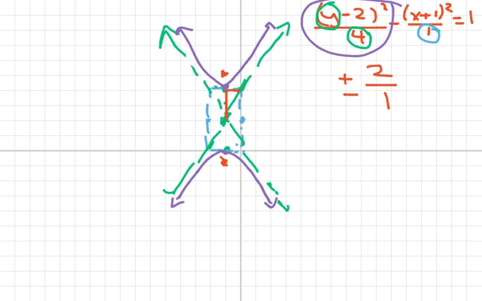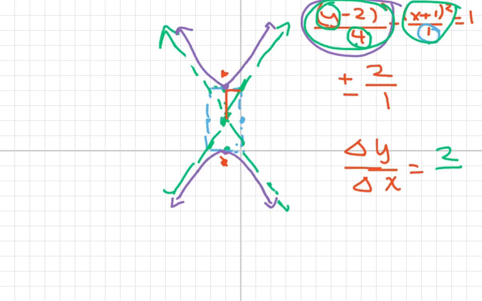Just remember, they have a formula for it, but all you need to remember is its slope is y over x, or the change in y over the change in x. So just look at your y part, take the square root of the denominator, and you get 2. Then look at your x part, take the square root of 1 and you get 1. And then just do the plus and minus. Usually they just want the slope of the asymptotes. And that's all of that.